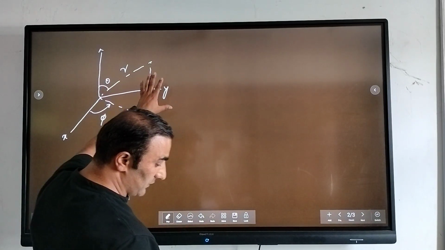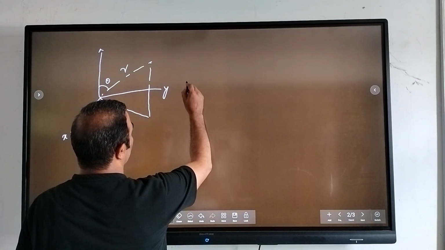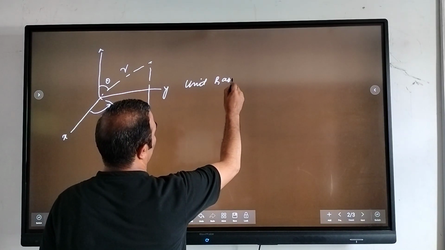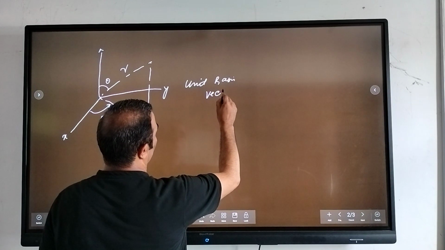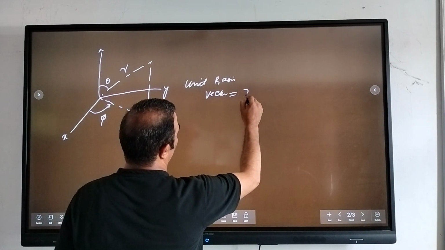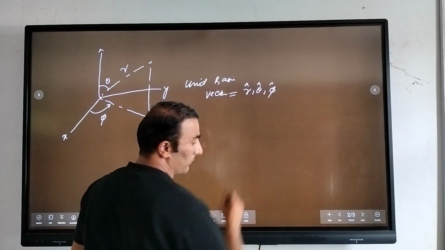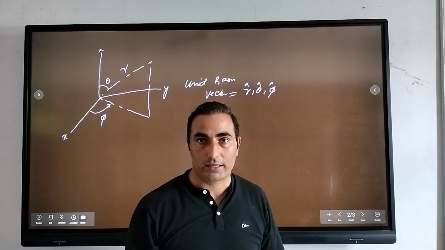So what are the basis vectors? So the unit basis vectors here are r cap, theta cap, and phi cap. So ये हमारे unit basis vectors, right?